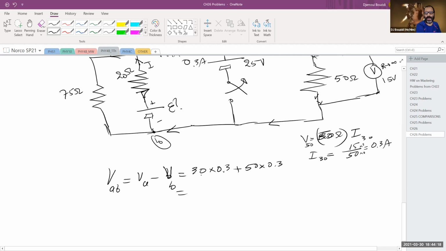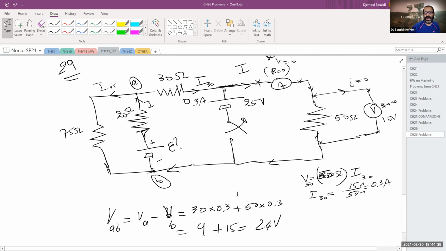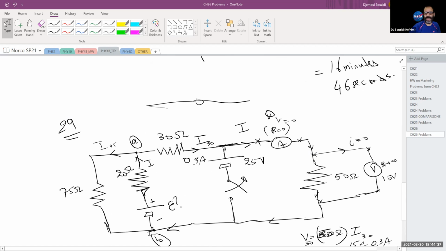This is 9, and this is 50 times 0.3, 5 times 3, 15. So this is 9 plus 15, and the answer is 24 volts. So the voltage drop between this point and this point is exactly 24 volts between A and B.